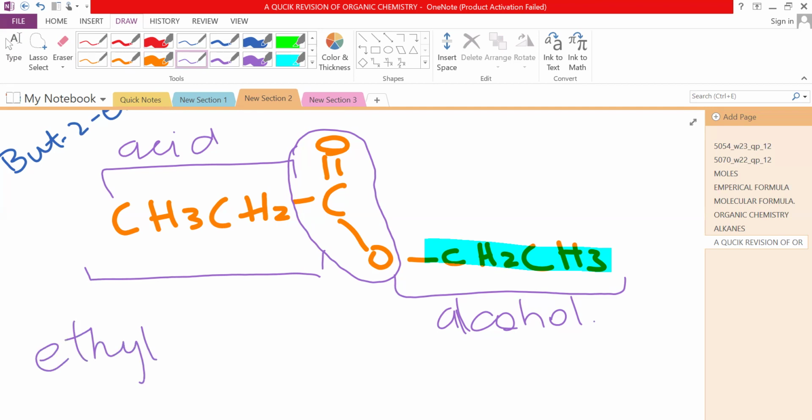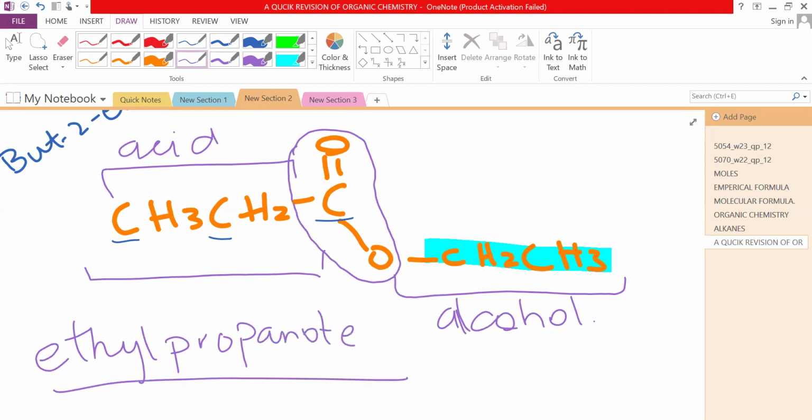As I told you previously, the name of the alcohol ends with -yl. Ethyl propanoate. Here are three carbons: carbon one, carbon two, carbon three. Propanoate. So the name of this ester is ethyl propanoate.